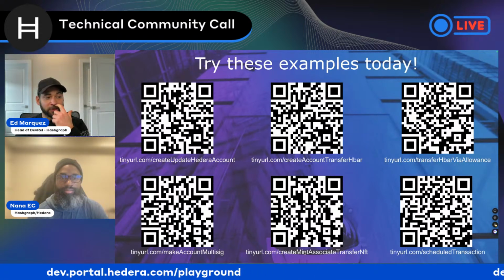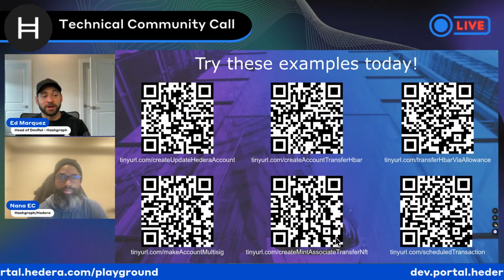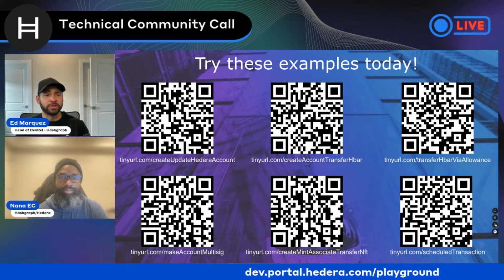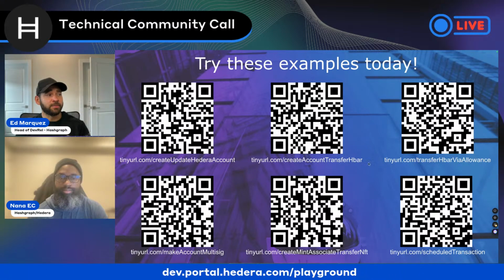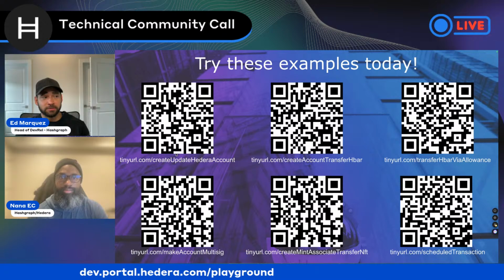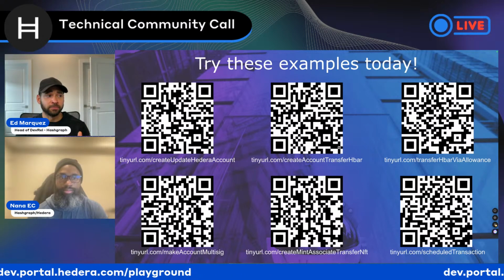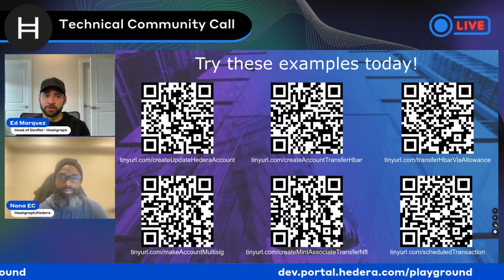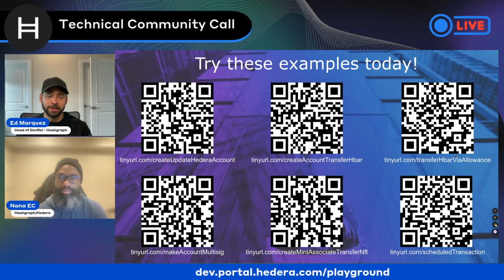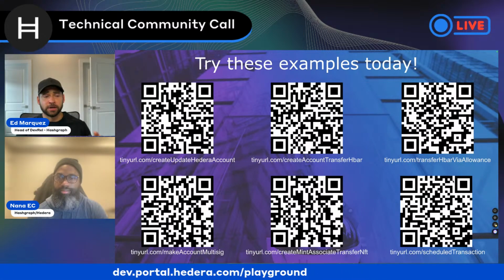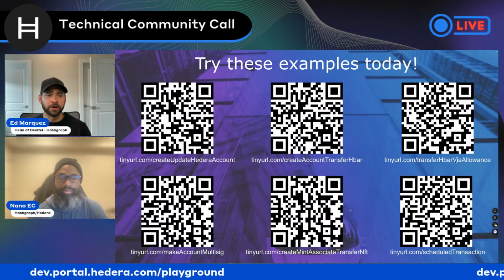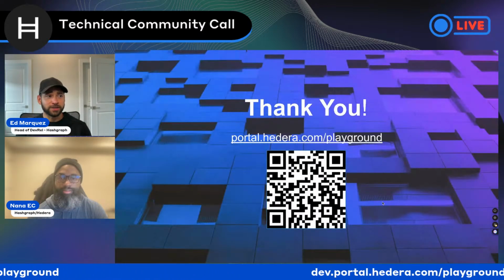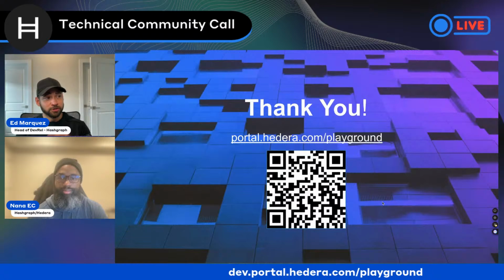We didn't necessarily create, mint, associate, and transfer an NFT; this is a more comprehensive version of that last example. But here you have additional examples to simply create a Hedera account, create an account and transfer HBAR, and also transfer via allowances. That is also supported natively and through smart contracts for HTS tokens and for HBAR as well. So that is the overview of the Playground and the demos.